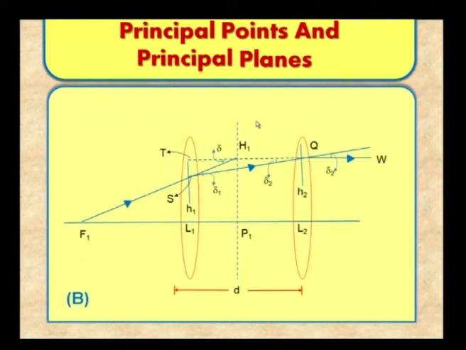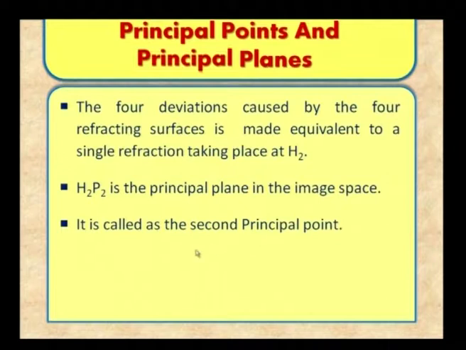So, now look at the principal points and principal planes. If you have a light ray here, a beam of light coming from the point F1, what is F1? F1 will be called the first principal focal point, that is in the object space, whereas this is called the image space.